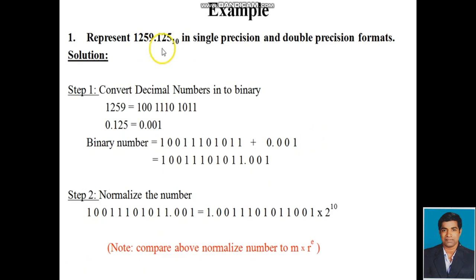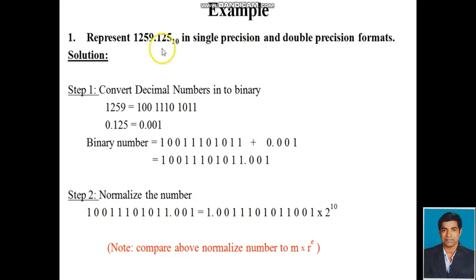For 0.125, we get 0.001. The binary number obtained from 1259.125 is 10011101011.001.